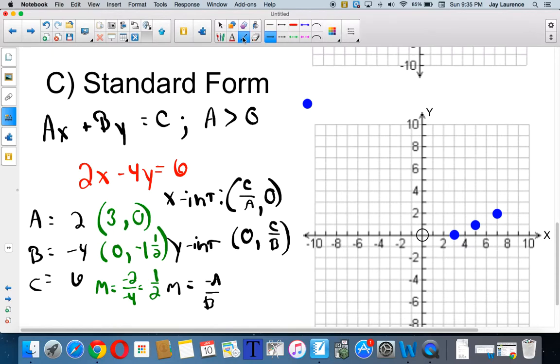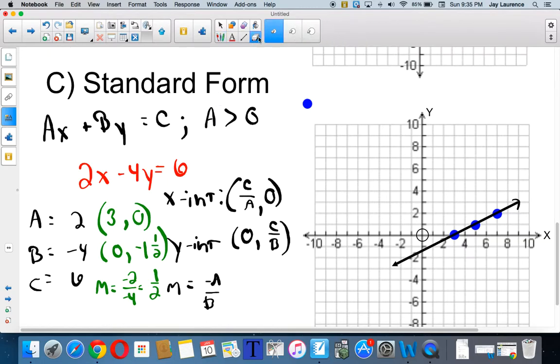Okay, so now I'm going to draw my line. And you remember me saying that the y-intercept was going to be at 0, negative 1.5? If you take a look at my line, you can see, even though it's a little bit inaccurate, it's still crossing right about there. If I drew a better line with pencil and paper, it would be crossing exactly at negative 1.5. 0, negative 1.5.